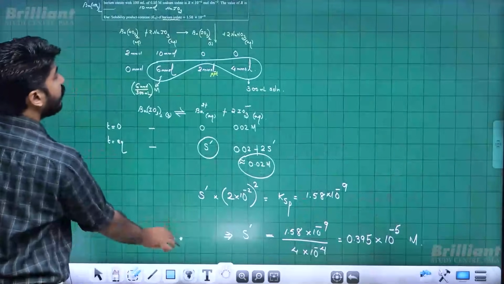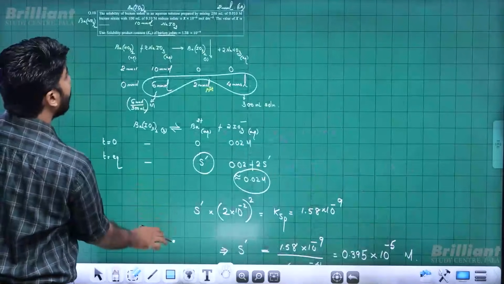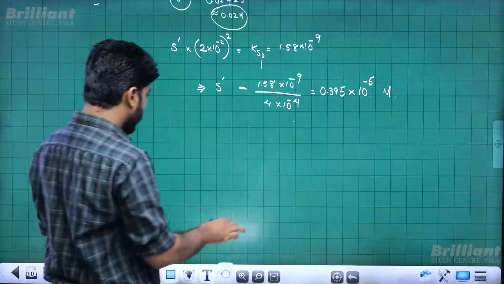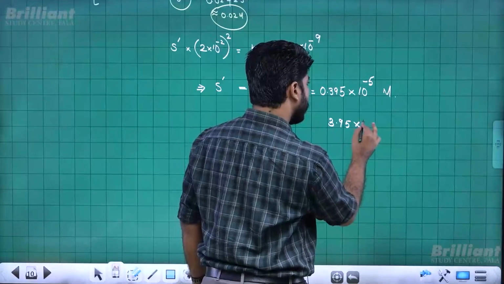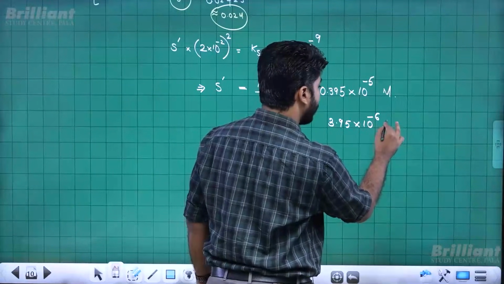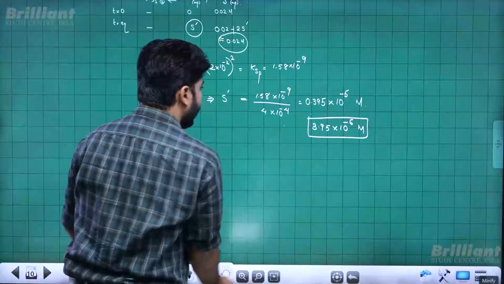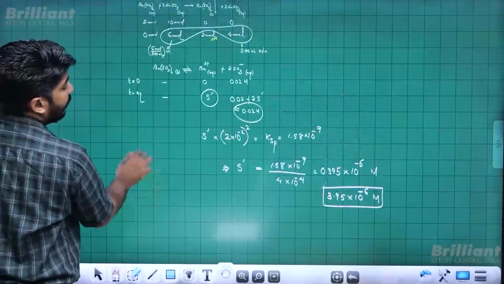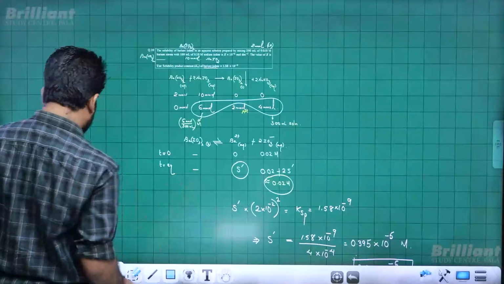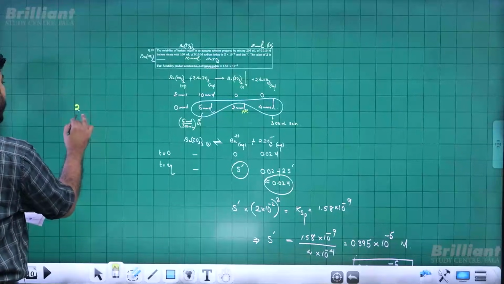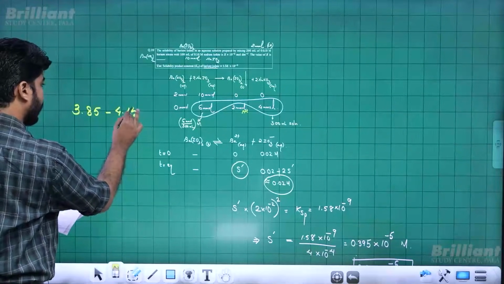And the question demands us to write it in the form of x into 10 raised to minus 6 mole per liter. Mole per decimeter cube is mole per liter only. So, this is 3.95 into 10 raised to minus 6 mole per liter. So, the value of x is exactly 3.95, and IITK has given a range of 3.85 to 4.15 for this answer.